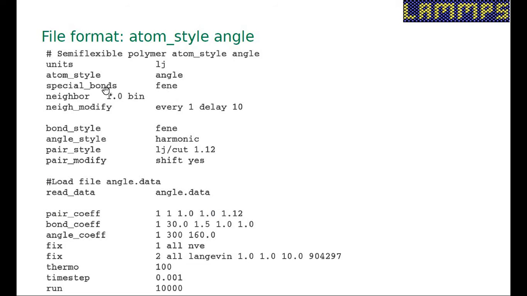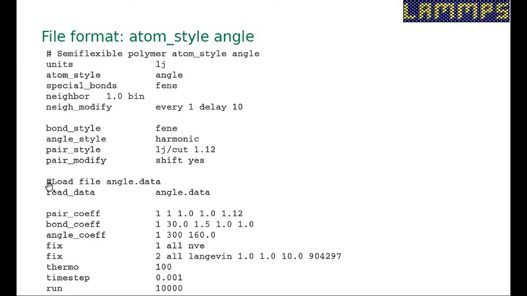We use the FENE bond, some information related to the neighbor list, and then comes the bond style, that is FENE, and the angle style. This is the new contribution, where we use the harmonic angle potential, and then we use the Lennard-Jones cut potential, that is the WCA potential.